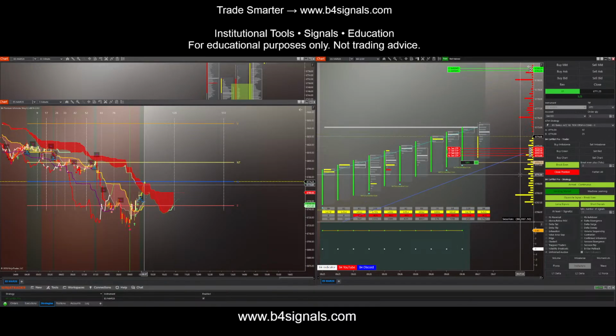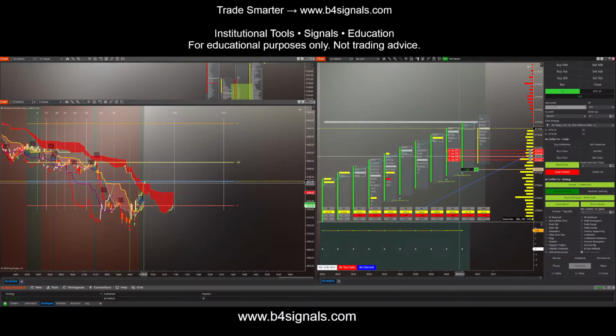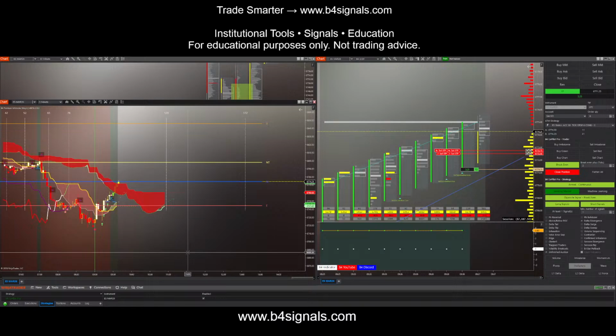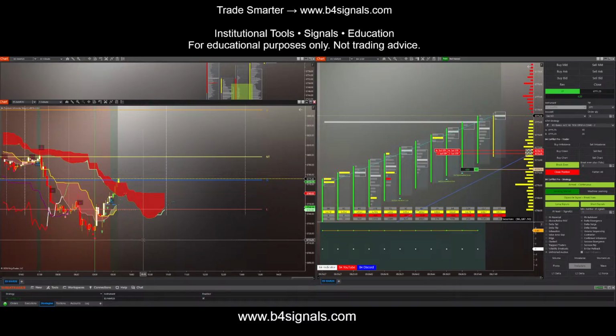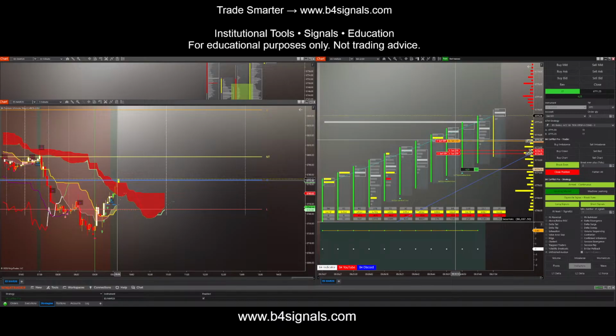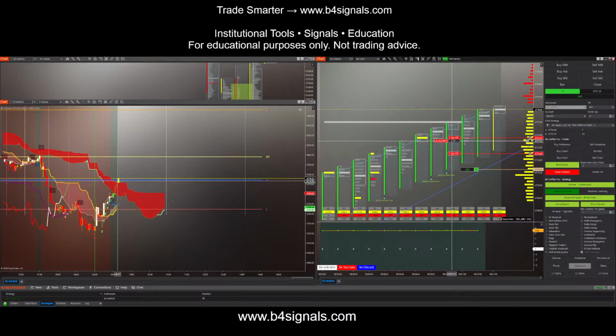I'm all right realizing the potential end of this move. It just wants to keep on. So we'll keep on staying on this side of it.